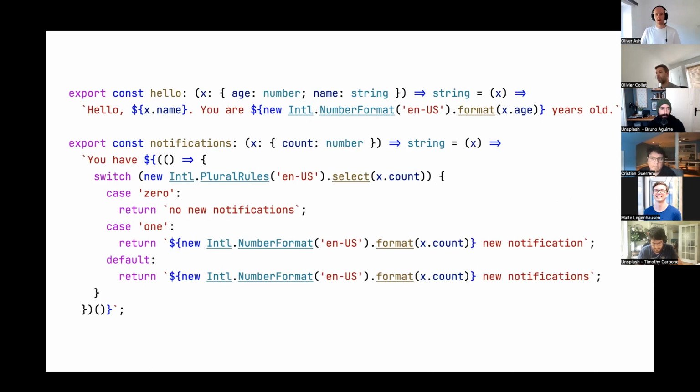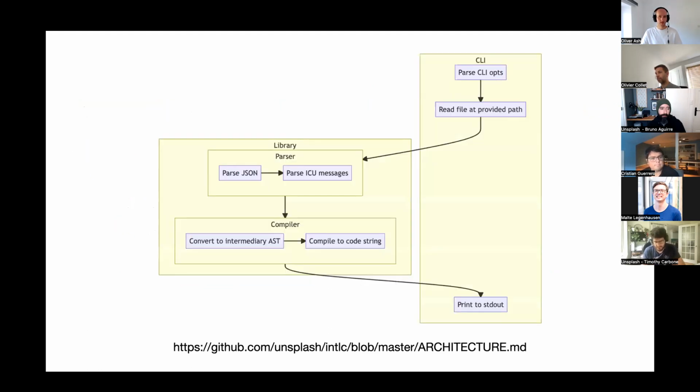And you can see under the hood, we're using the ECMAScript internationalization API that we looked at earlier to format the numbers, and to figure out what the plural categories are and what category we need to render based on the language. This is how Intl C works under the hood.